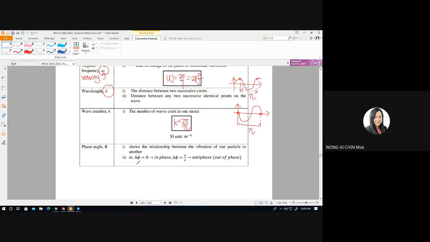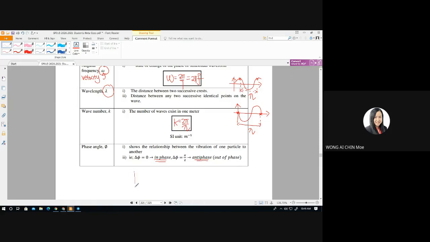So for example, when phase angle equals 0, meaning that they are in phase. If there's no change, we say it is in phase. If your phase angle is pi over 2, meaning that it is anti-phase, or we say out of phase.